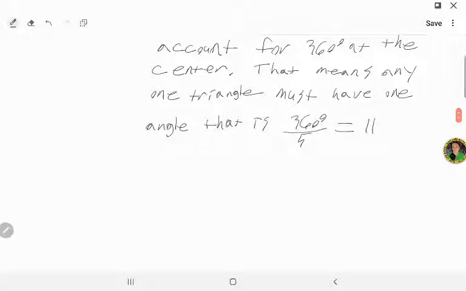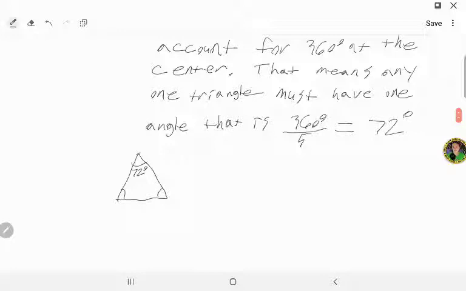No, it doesn't. 360 divided by 5 is 72 degrees. And so that means that we've got these 5 triangles that all look like 72 degrees, and they're all going to be isosceles.